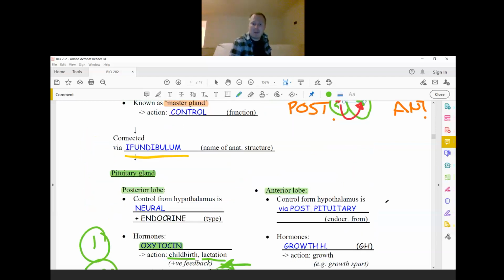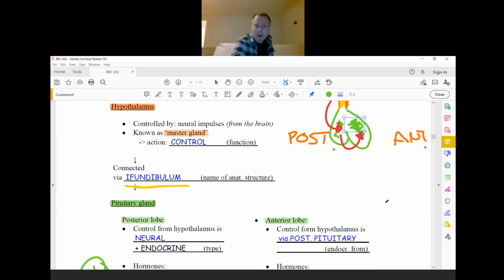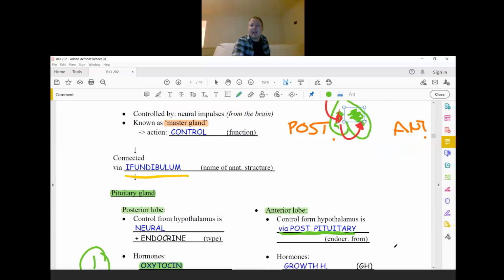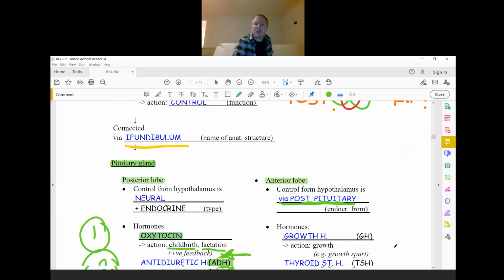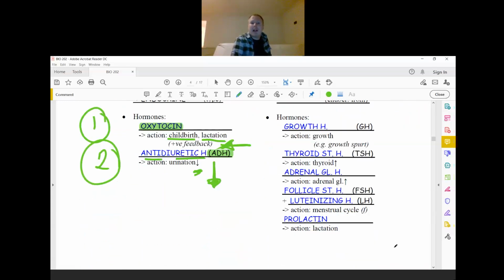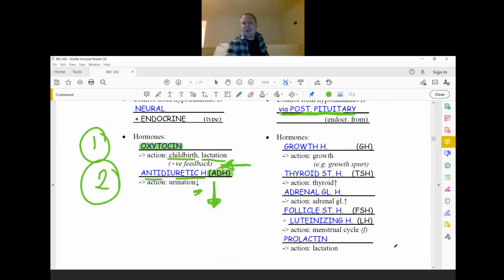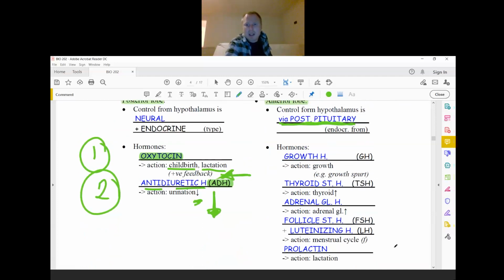What I want you to notice, though, is that for all of these anterior lobe hormones, the release of those, the signal passes through the posterior lobe of the pituitary gland first. So let's have a look at the hormones that we should know from the anterior lobe. And we're going to start with the growth hormone.